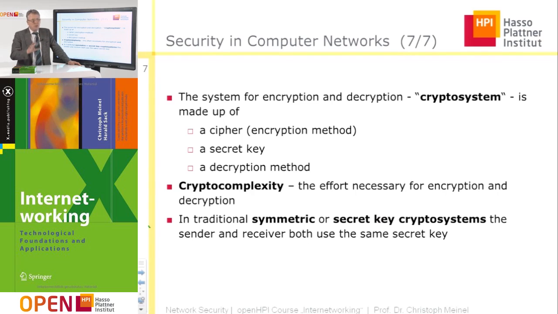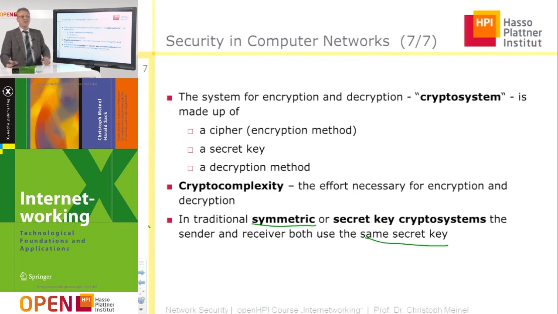We have two families of such crypto systems and encryption methods. The first are the traditional ones, the symmetric encryption methods. In the case of symmetric encryption methods, also called secret key crypto systems, the sender and the receiver both have the same secret key.